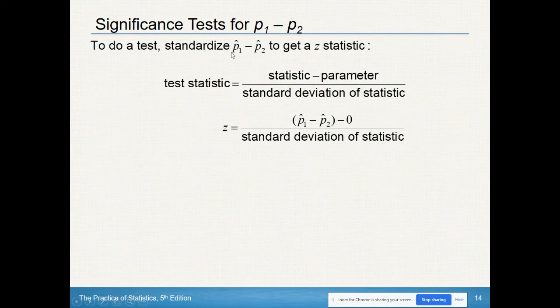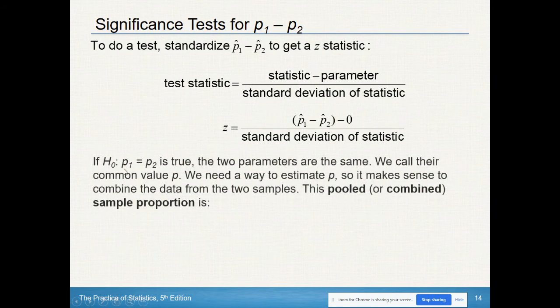To do a test, we standardize p hat 1 minus p hat 2 to get a z statistic. That test statistic will be the statistic minus the parameter divided by the standard deviation of the statistic. If the null is true, the two parameters are the same, we call their common value p, and we need a way to estimate p, so it makes sense to combine the data from the two samples.